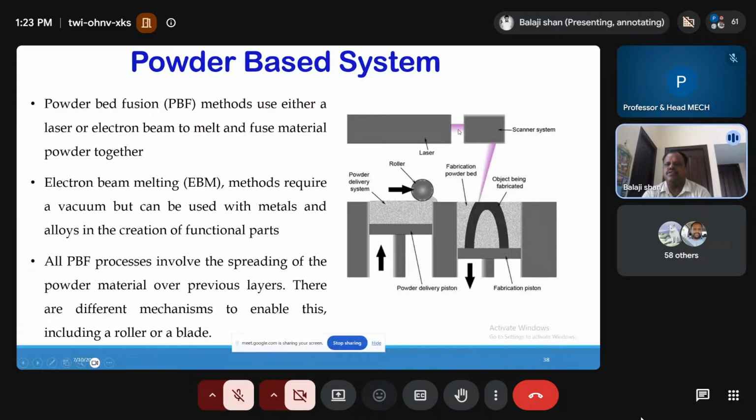This is the laser source. The laser source comes to the scanner system, and the laser should be passed over the powder bed area. Whatever object we can record based on the dimensions, the laser should be spread on the powder bed area. So, for example, here at the bottom of the fabricated portion, we can record continuously 20 to 30 mm.